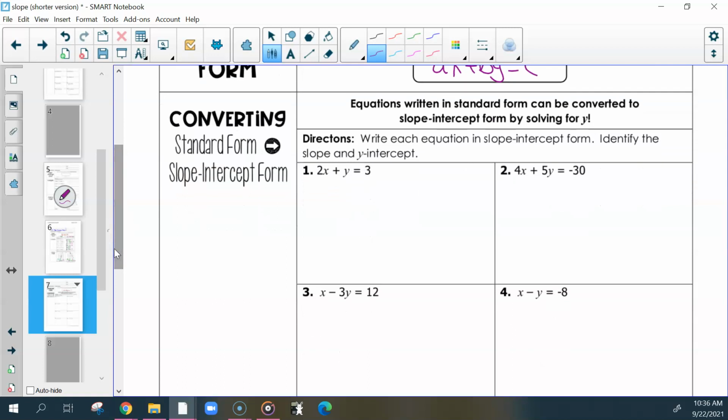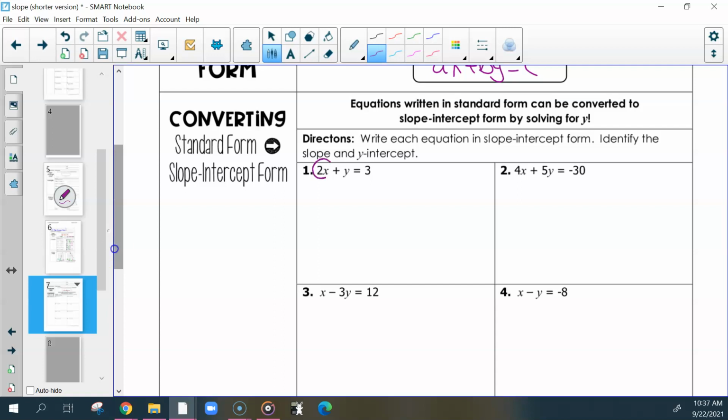So for number one, if I need to solve for y, I need to get the x term completely away from it. How would I do that? Get rid of that x term. So it's already equal.